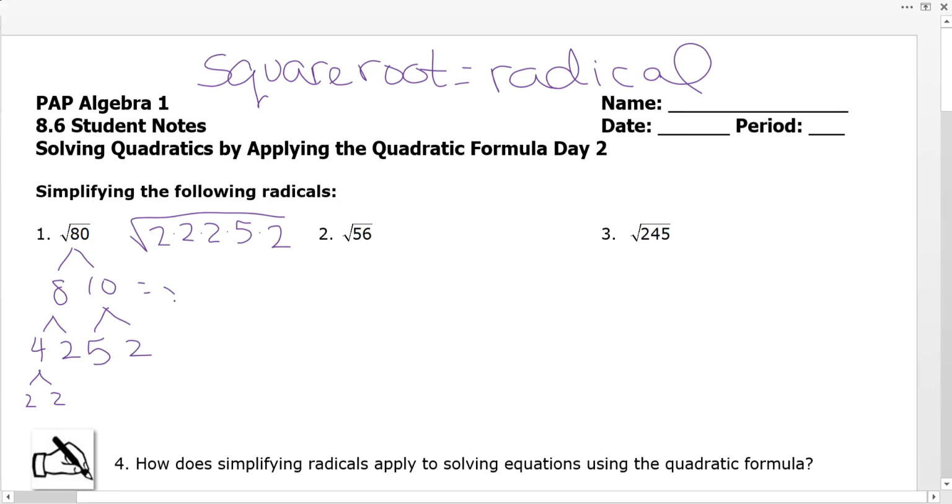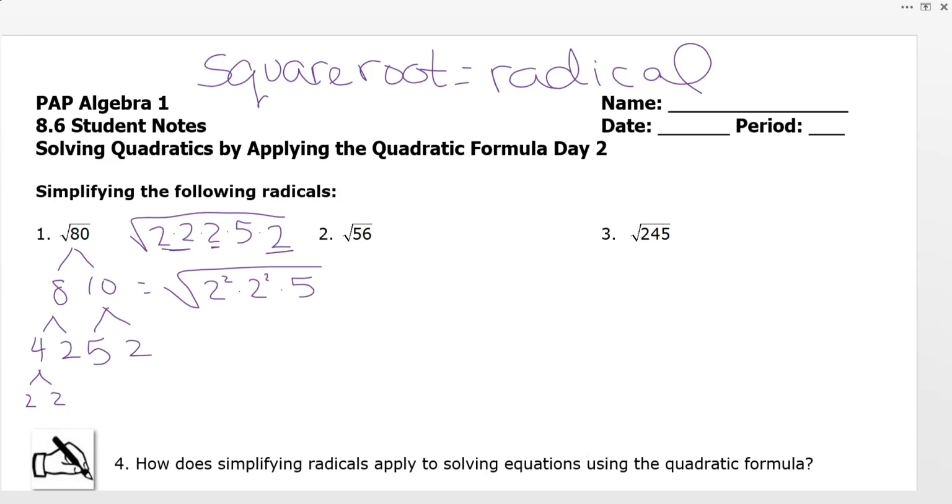So I could also write this like this: 2 squared times 2 squared times 5. Since I have 4 2's, I can pair them up and put squared. And if I take the square root of 2 squared, that's just going to be 2, which would be the same thing as taking the square root of 4.